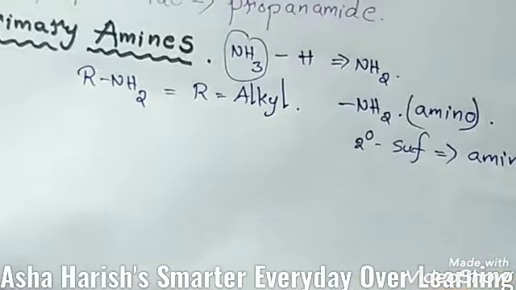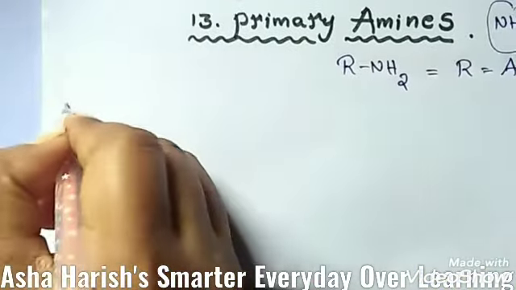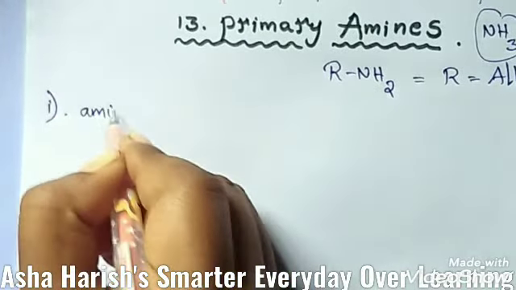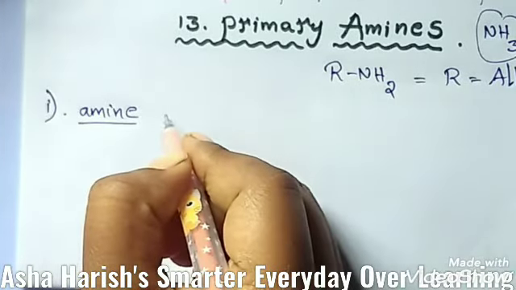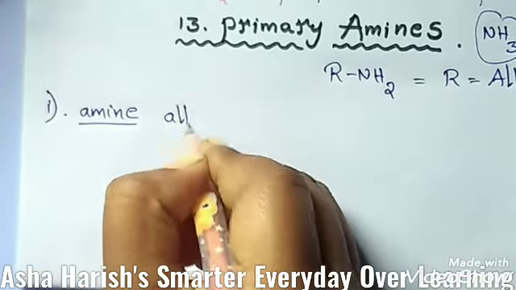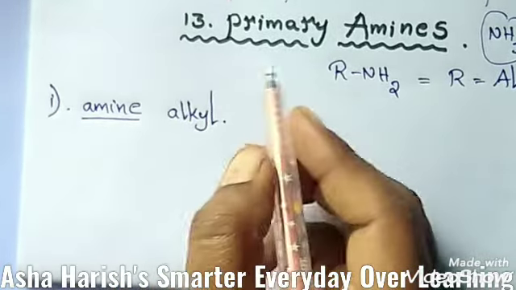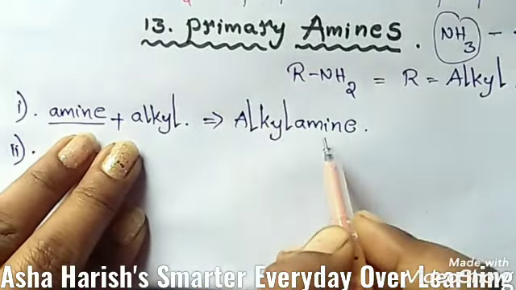The common names for this: the first common name, add the word amine. You should add this word to the name of the alkyl group. Which alkyl group you have to take for this? If you add amine, then students, finally what you get here is alkylamine.